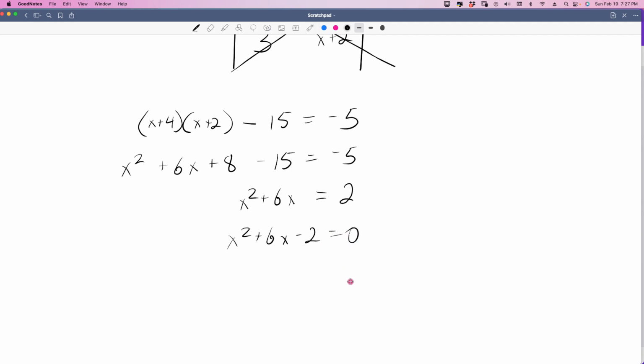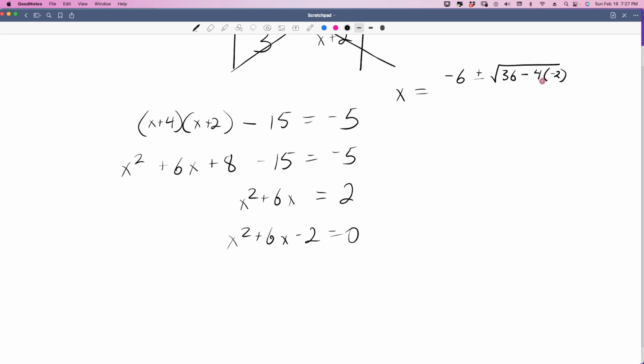And we're going to use the quadratic formula because it's faster. X is equal to negative 6 plus or minus the square root of 6 squared, which is 36, minus 4 times 1 times negative 2.